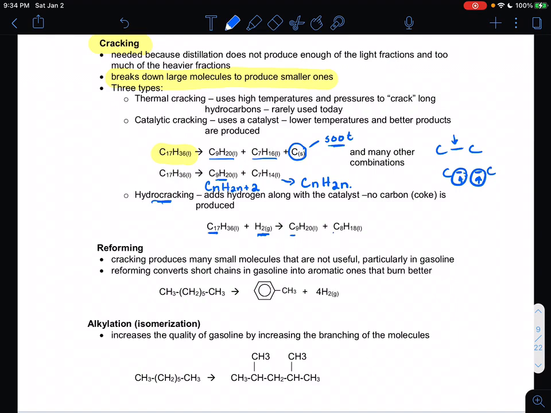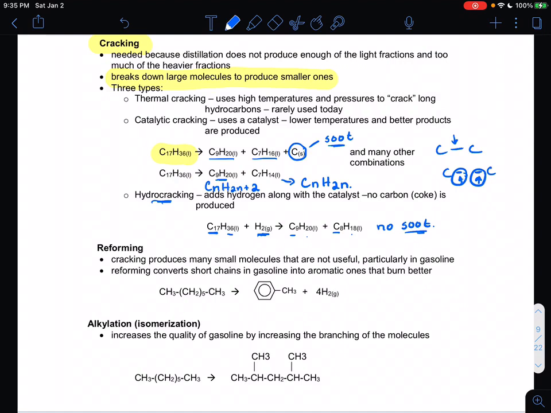I have 17 carbons, so 9 and 8 is 17 carbons, and 20 and 18 is 38 hydrogens, and no soot. That's usually why hydrocracking is preferred to catalytic cracking, although catalytic cracking is still done.